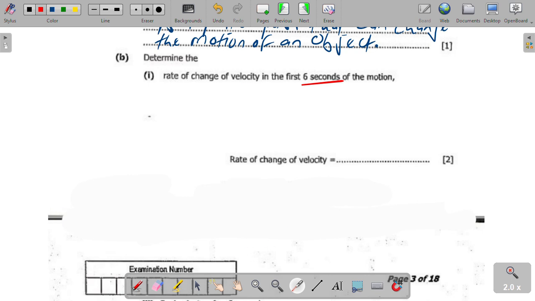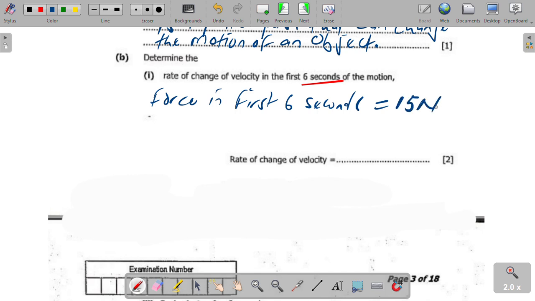So from the graph we are given force. Let me use my actual pen. We are given the force in the first 6 seconds is equal to 15 newtons.